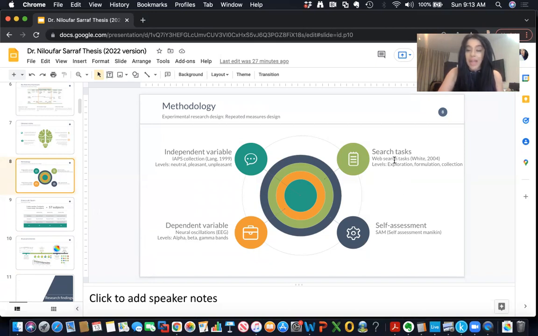And then the search task that I had was developed by White, 2004, because you may ask, how were you able to establish that the subjects in the lab were in the state of those 3 stages of the ISP model that I talked about?